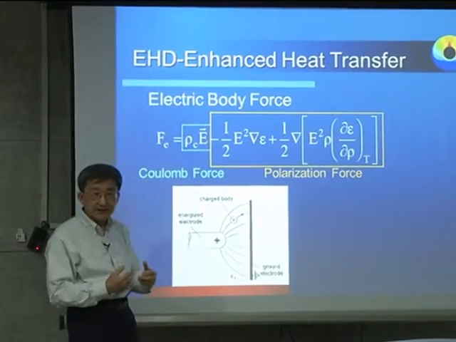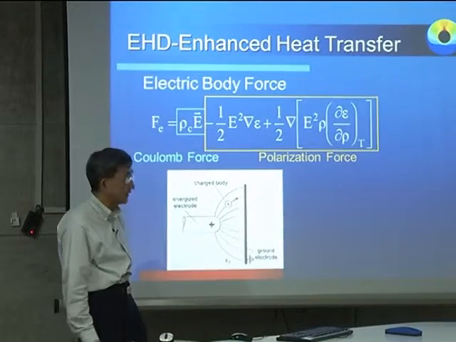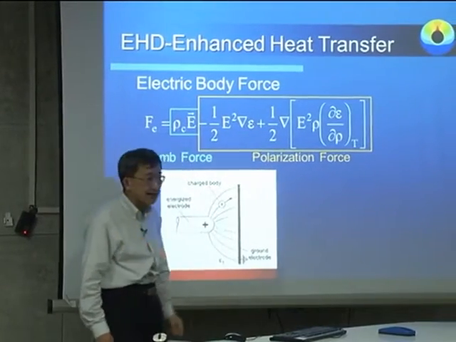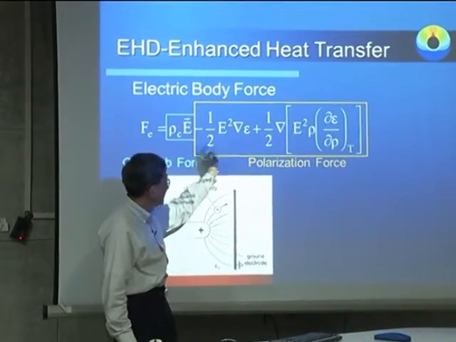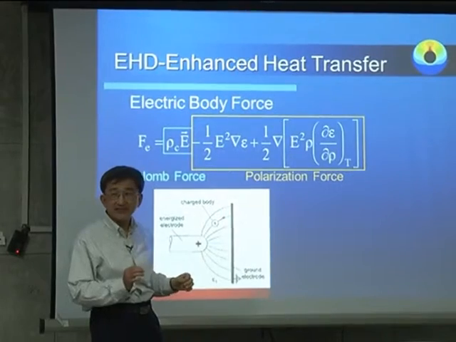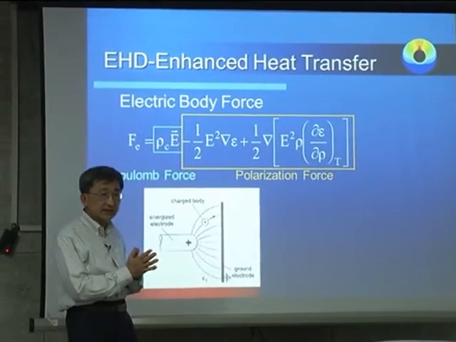But if you're dealing with a 2-phase flow, then you have 2 additional forces. One is called the polarization force, and this is due to epsilon here, the electrical permittivity.